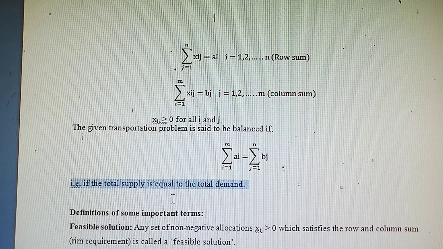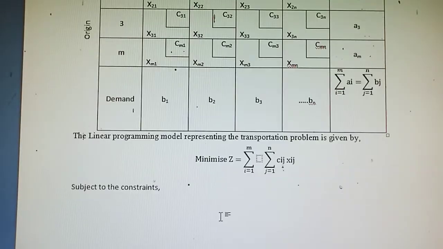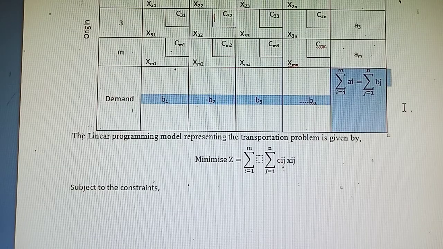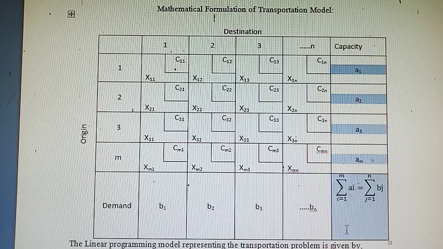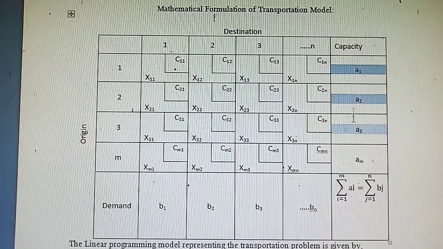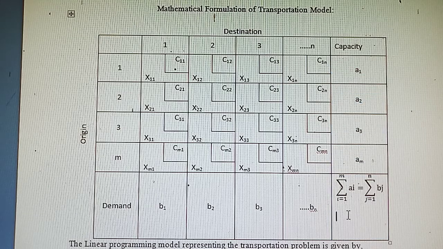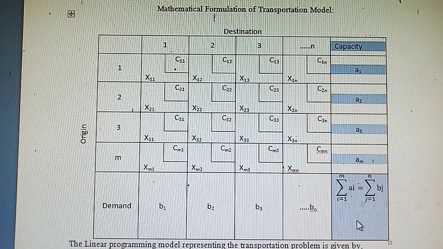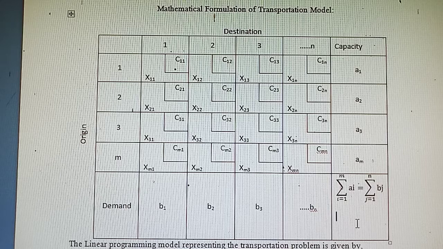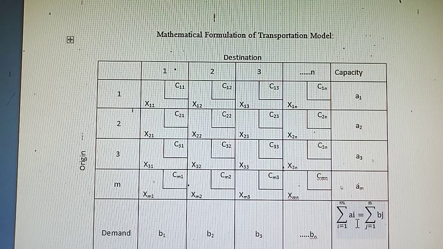If the total supply is equal to the total demand, it is balanced. If the row sum and the column sum are not equal, the problem is said to be an unbalanced transportation problem. In this case we have to add a dummy row, or sometimes a dummy column, to make the inequalities into equalities to solve the transportation problem.